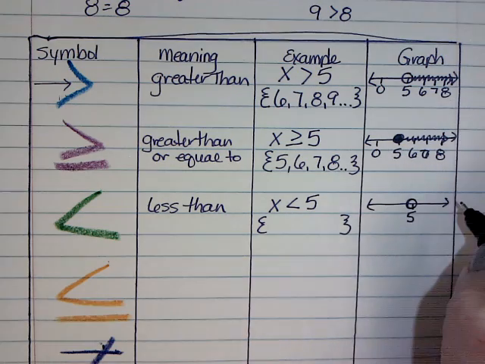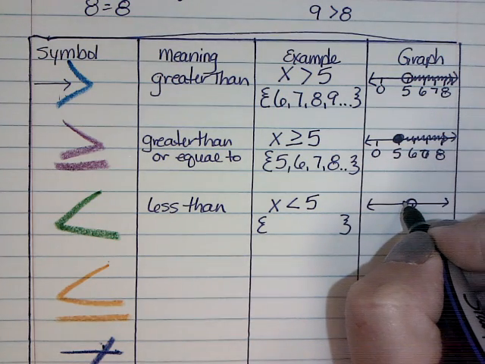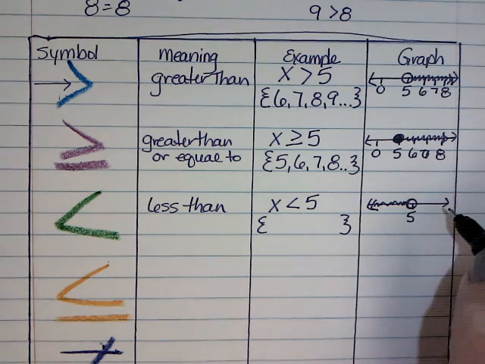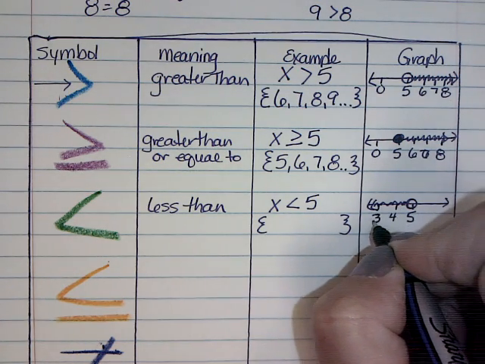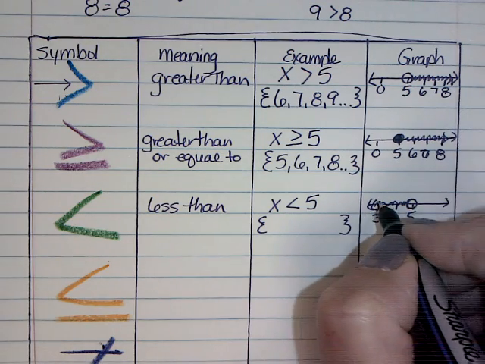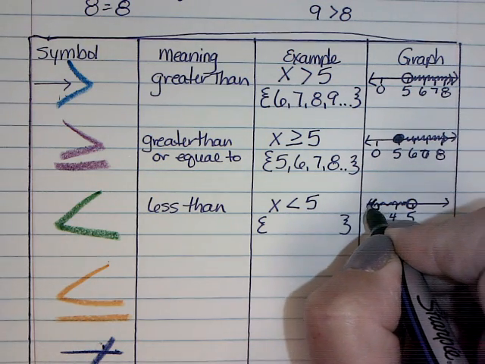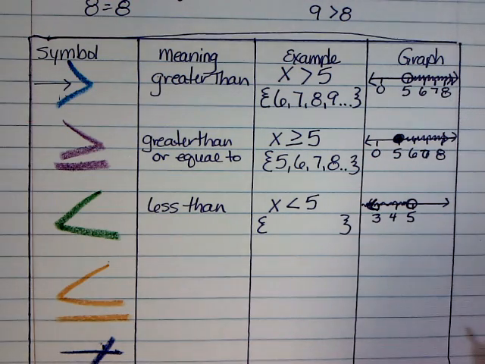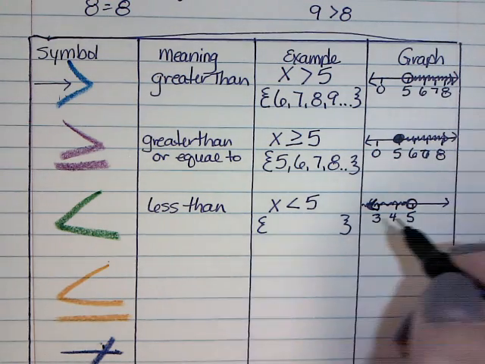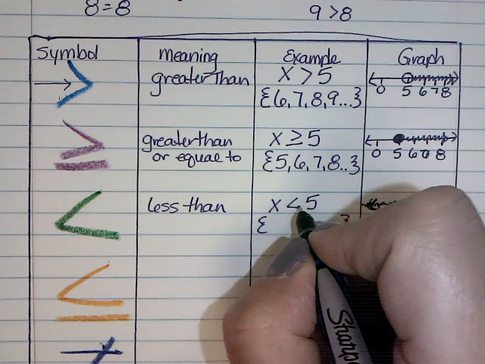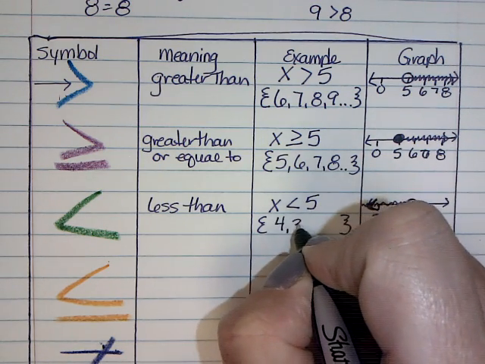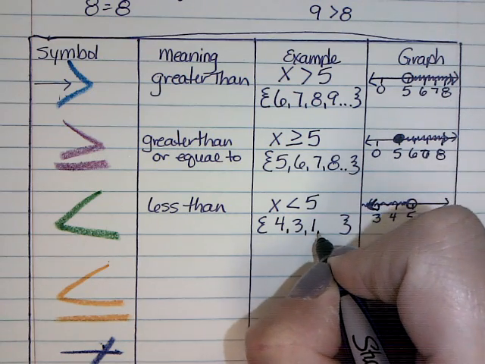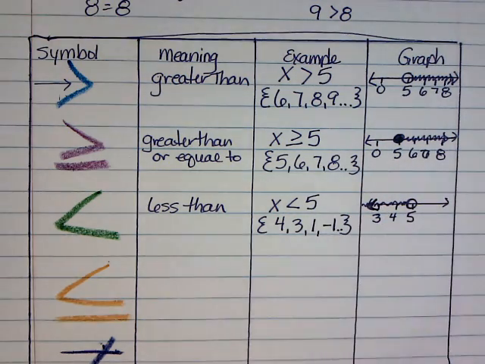Open circle because it's not equal to, but I have to include all numbers less than 5, such as 4, 3, and on and on and on. You have to remember that because those arrows are there, it continues on and on. So my examples: it cannot be 5 because it's less than 5, but it can be 4, 3, 1, -1, and on and on.